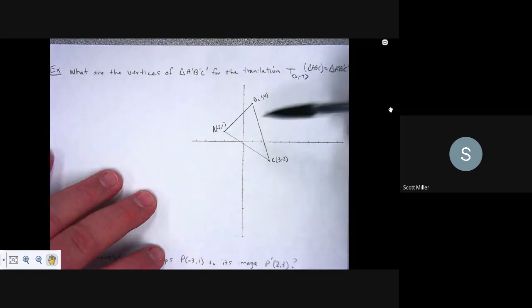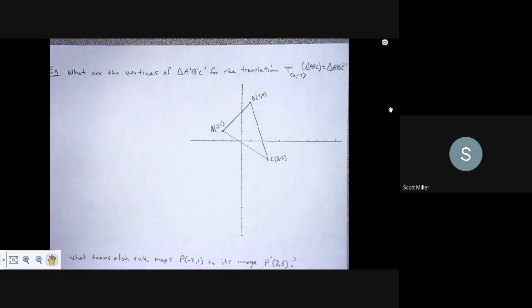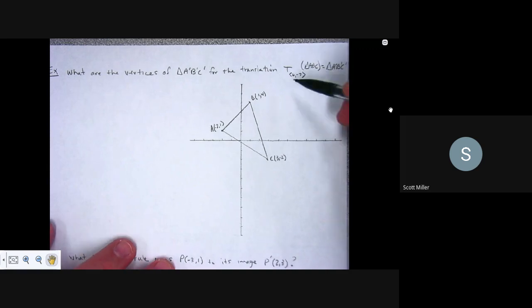So here's an example. We're going to translate this triangle 6, -7. So how do I do that? Well, very simply put, it's kind of like a rise over run. So you're going to go 6 in the X direction and -7 in the Y direction, and you follow every point doing that.